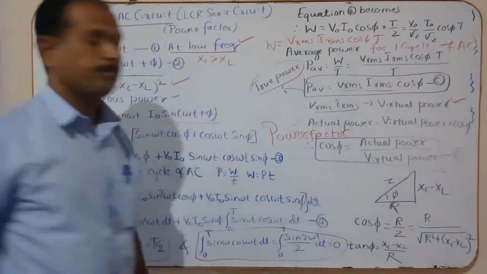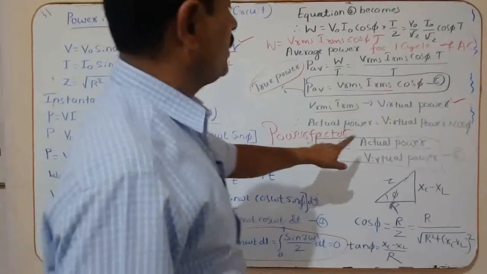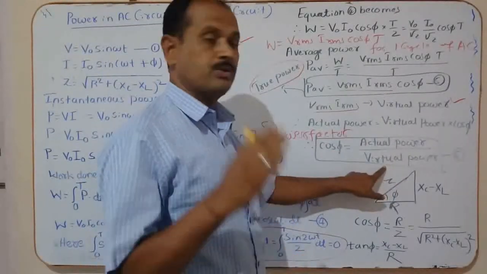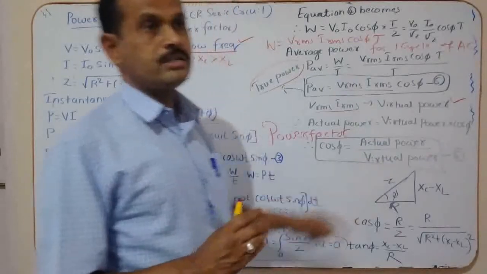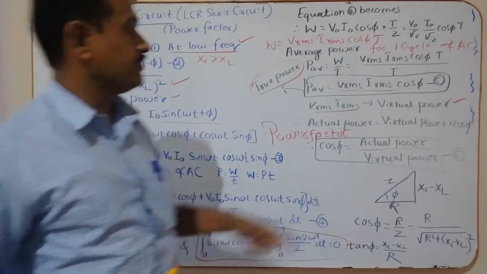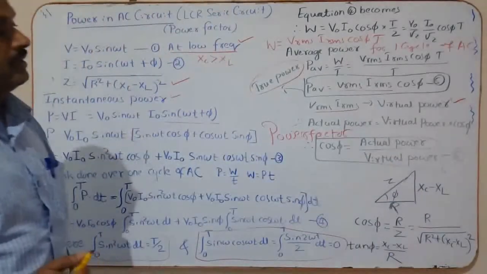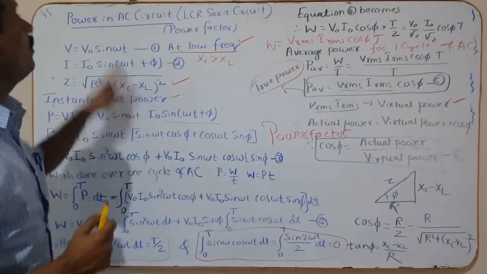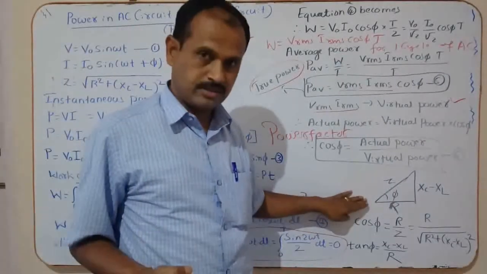Now power factor is defined as the ratio of the actual power to the virtual power in the series LCR circuit. It is defined as the ratio of the actual power to the virtual power in the AC circuit. This is about power in an AC circuit, and it is called the power factor.